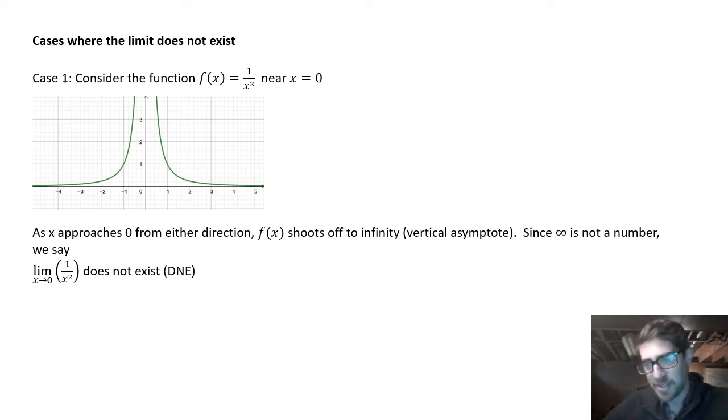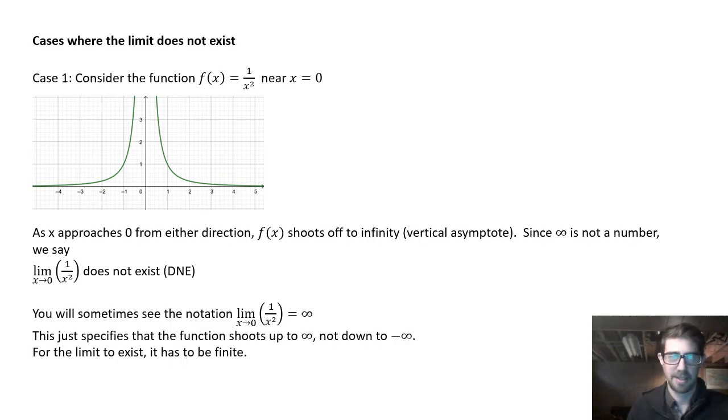One little confusing bit of notation that you're going to see, so I have to introduce it, is you will sometimes see that the limit as x approaches 0 of this thing, some texts and teachers will say that that limit equals infinity, like that.